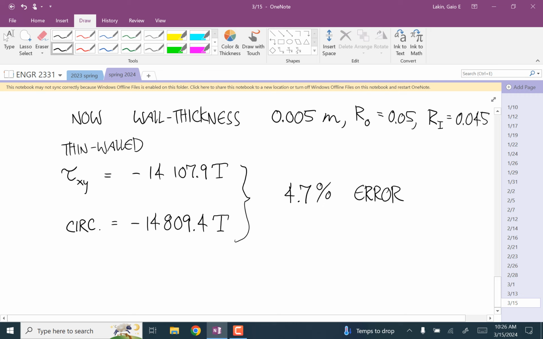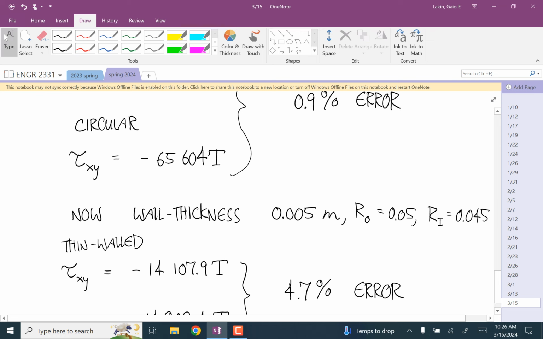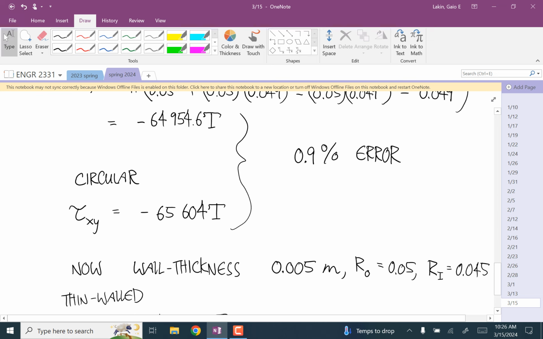So when I told you 10%, the wall thickness being 10% of the overall width, I said that this was okay. So I'm saying 5% error or whatever, we'll take that, but we don't want to go bigger than that. This is clearly fine because we're talking about a 50th.